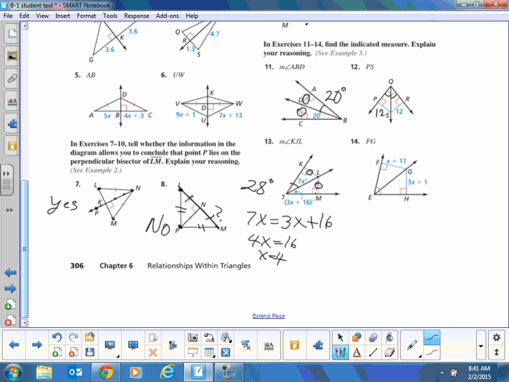Yeah, that's what they're looking for, KJL. We found x is 4, so don't forget to plug it back in. x is not 4 degrees, it's just the number 4. But when we plug it in, we get degrees. FG. Find FG. x plus 11 equals 3x plus 1.